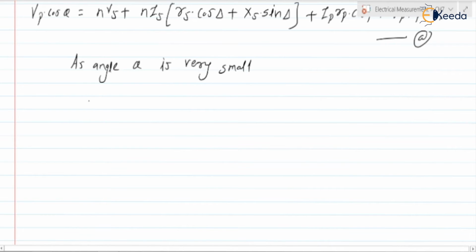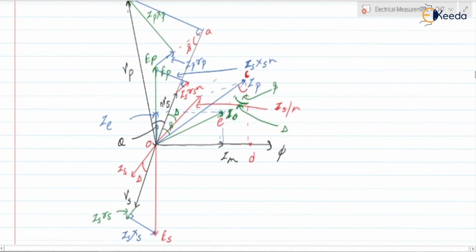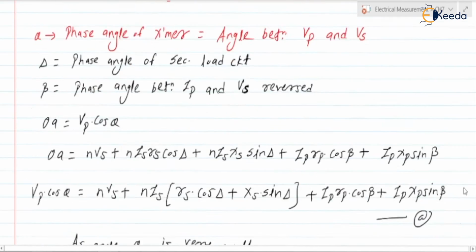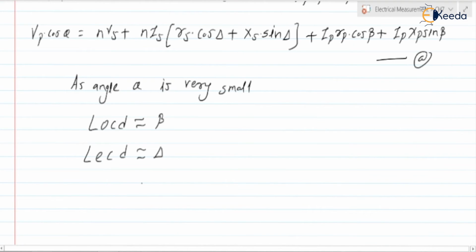So we can write angle OCD is nearly equal to beta, because theta is very small, and similarly angle ECD is nearly equal to delta.